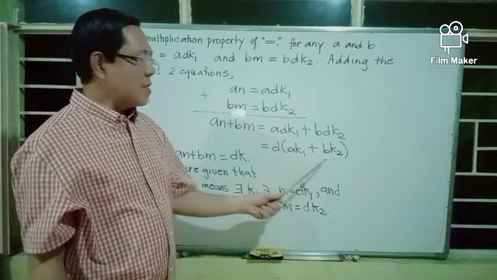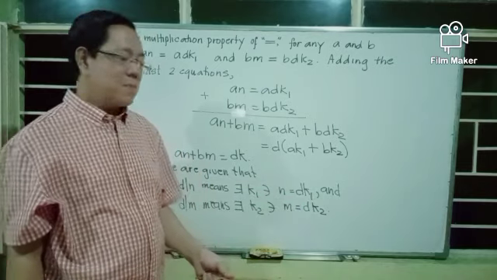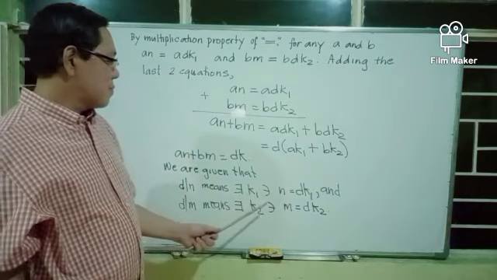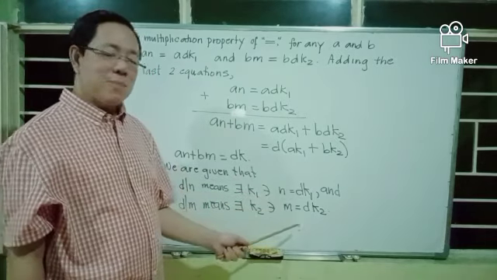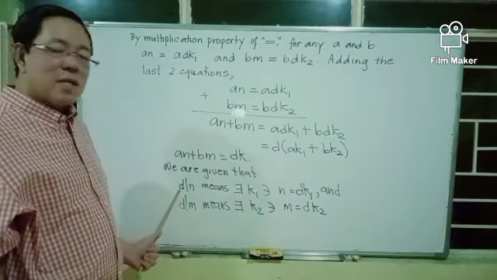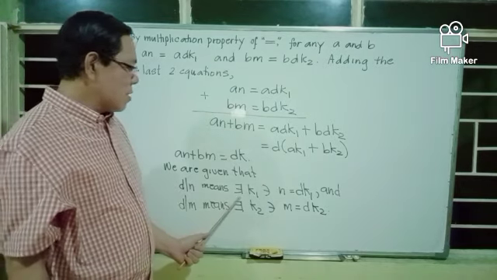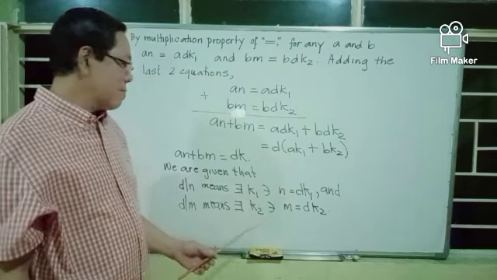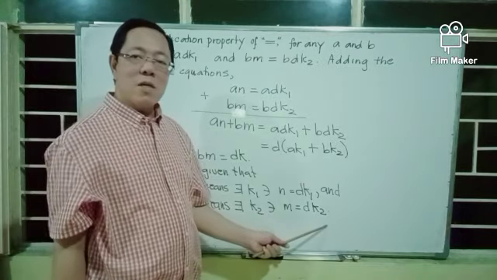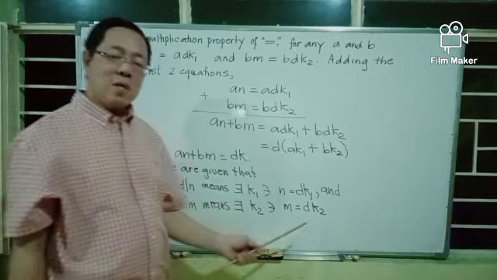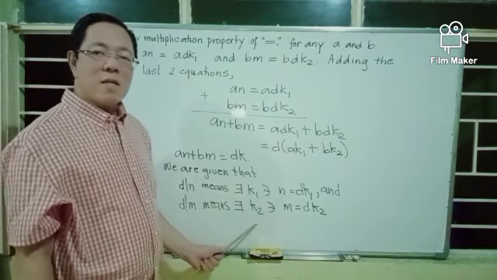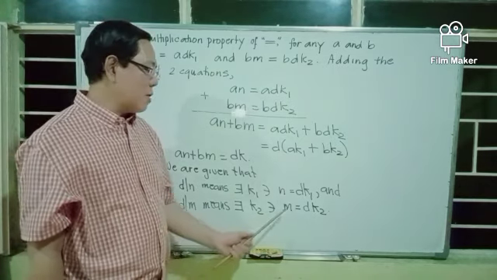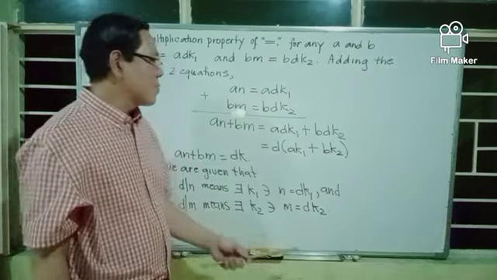Now k1 and k2 are integers, and this k1 and k2 satisfy these two equations because we are given that d divides n. So there exists an integer k1, and this equation is also satisfied by k2 because we are given that d divides m, which means that there exists an integer k2 such that m equals d k2.